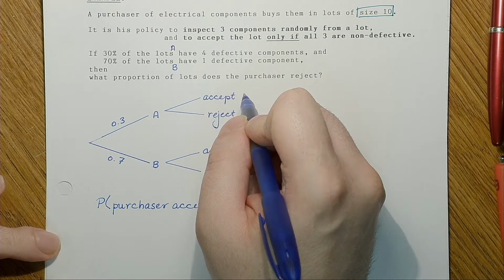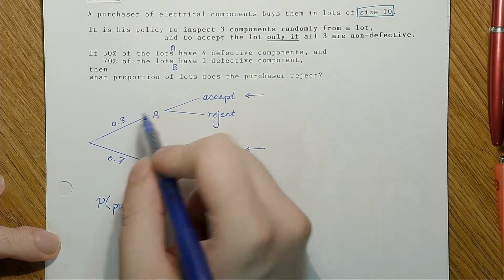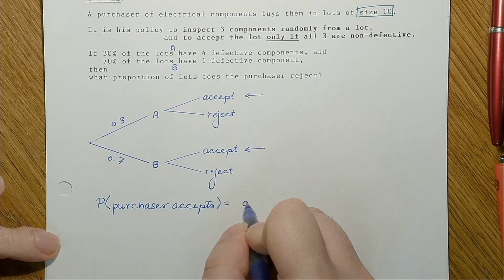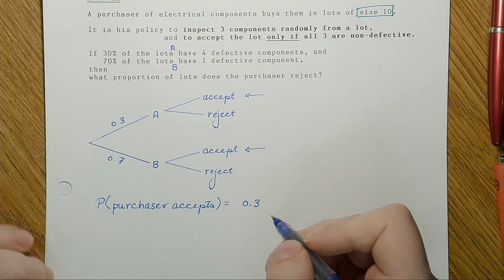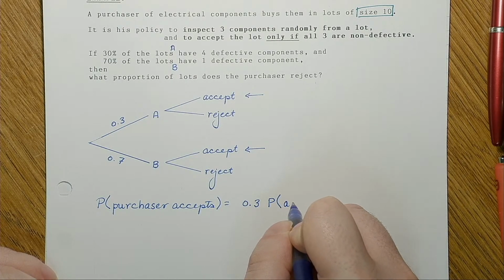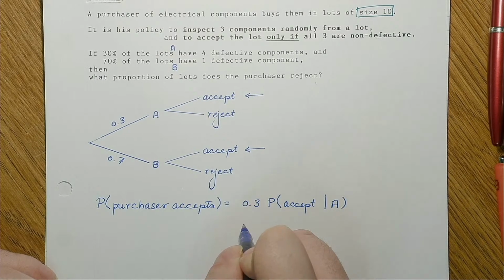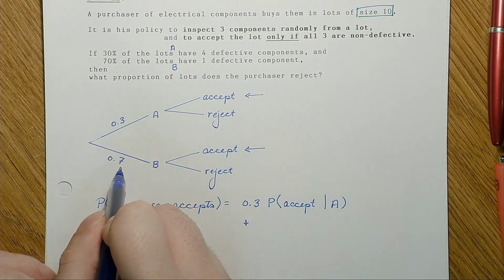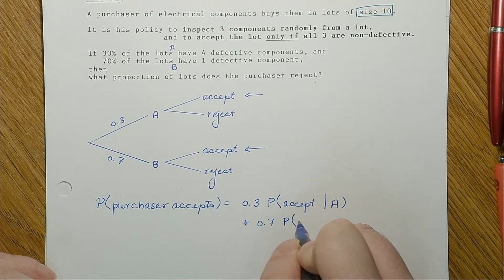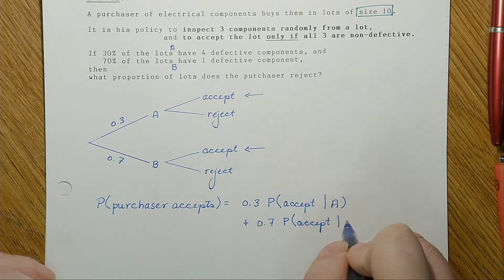I have these two cases right here. For the first case, it could be from lot A, so the probability that it was from lot A is 0.3. And then it's multiplied by the probability of accepting, given that we're in lot A, plus, now for this case we have that they're in lot B, and then we multiply by the probability that they accept, given that it's in lot B.